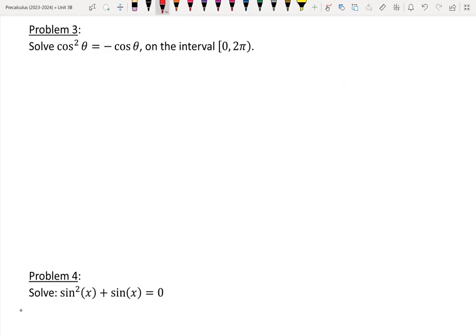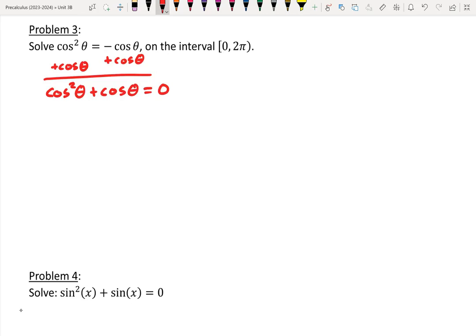So to start out, I'm going to add my cosine of theta to both sides. But just like those x's, I can't combine those. One has a power, one does not. So that is going to be cosine squared theta plus cosine of theta equal to 0. And just like the x's, what do they have in common that I could factor out?